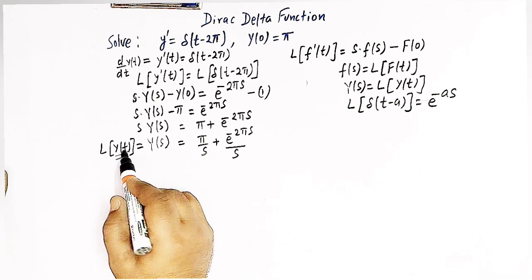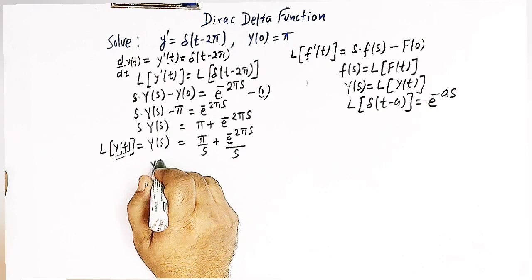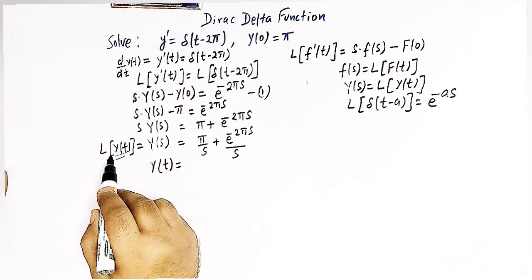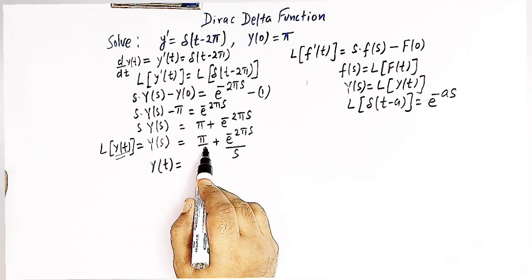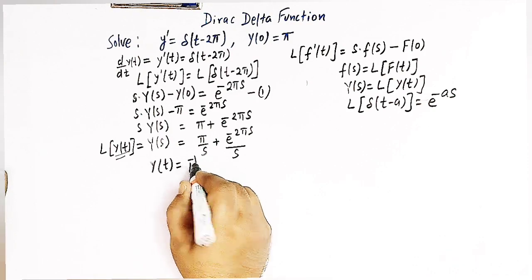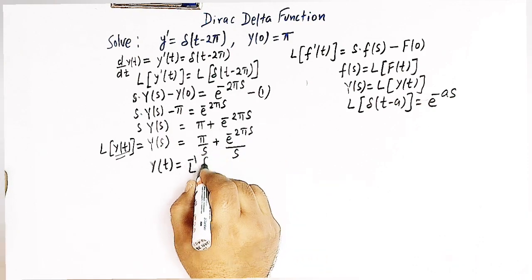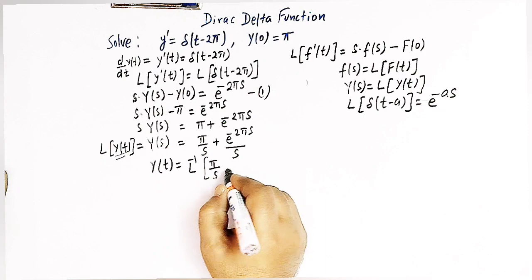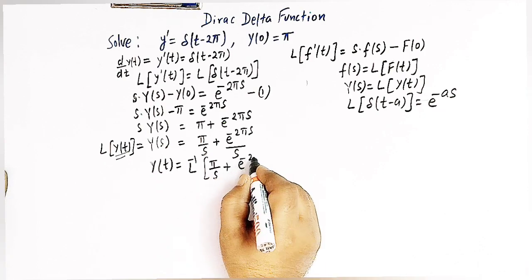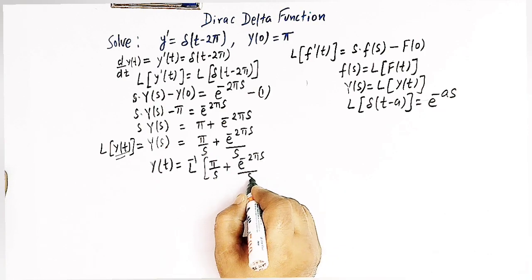So here we have y of t. So y of t can be written as the inverse Laplace transform of this function, that is pi over s plus e raised to minus 2 pi s over s.